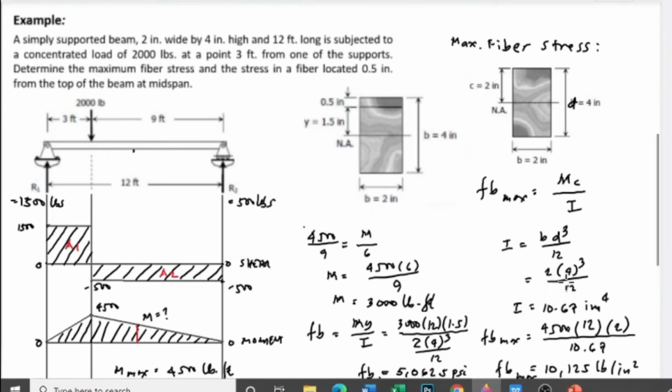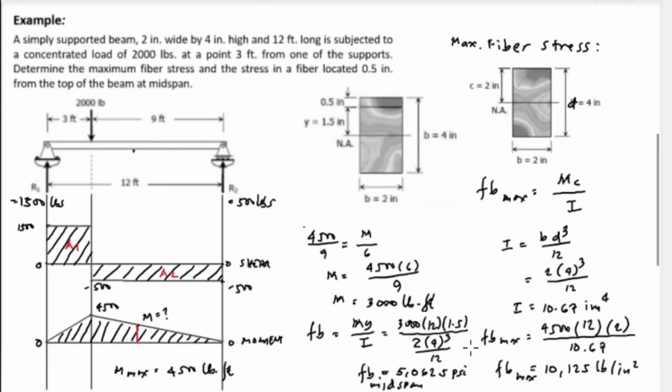So we have the value for midspan for bending stress, which is 5,062.5 psi, while the maximum bending stress is equal to 10,125 pounds per square inch or psi.